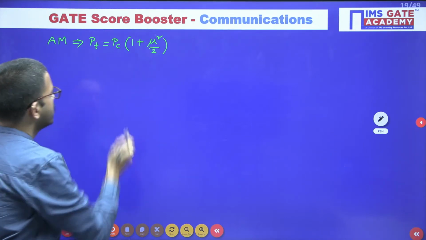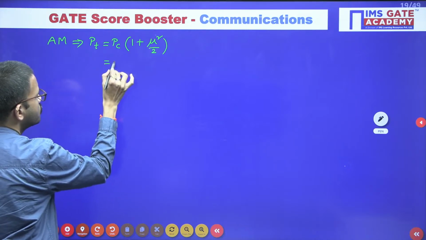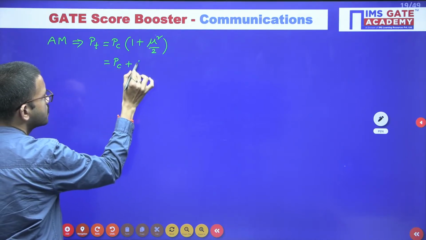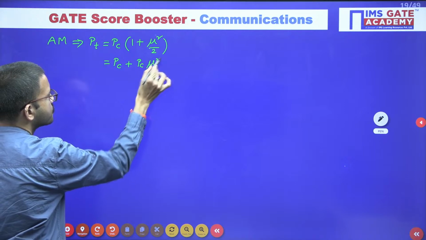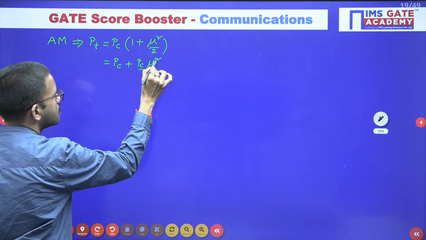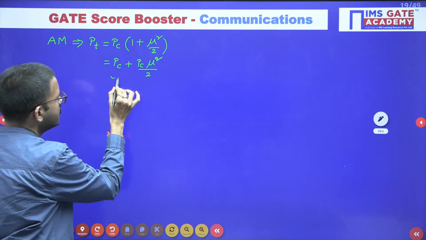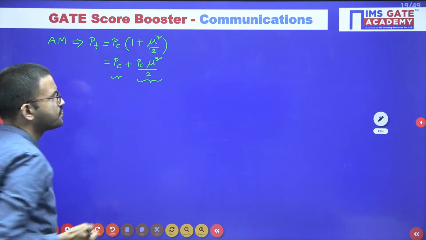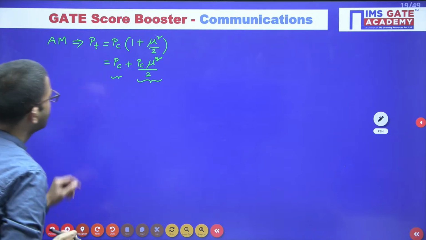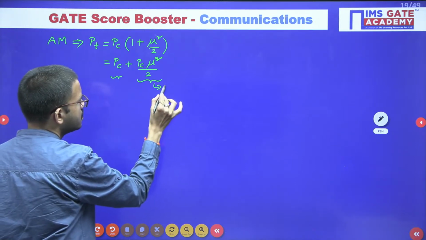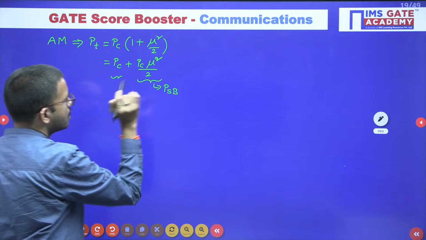Just represent this as two parts, PC plus PC mu square by 2. So this is the carrier power and this is the total sideband power.